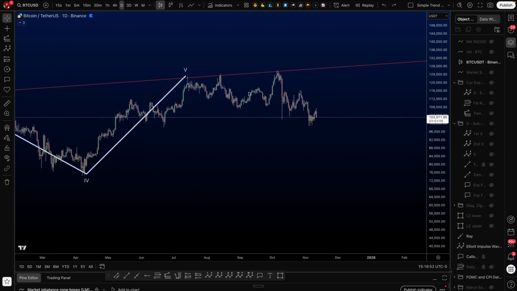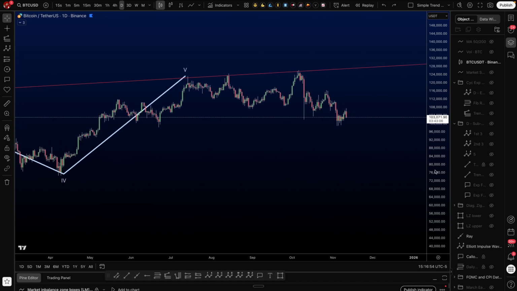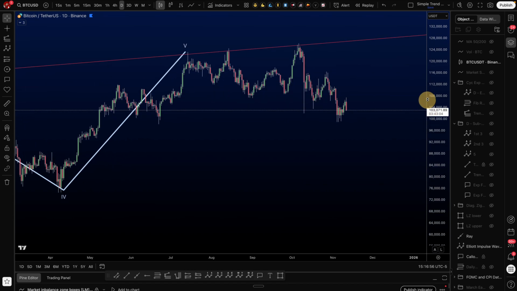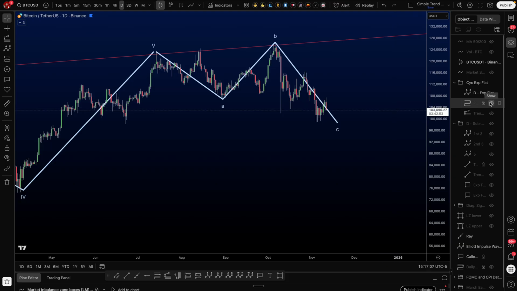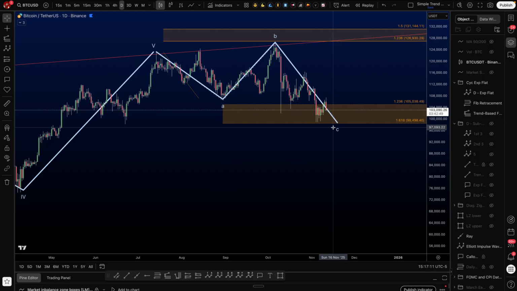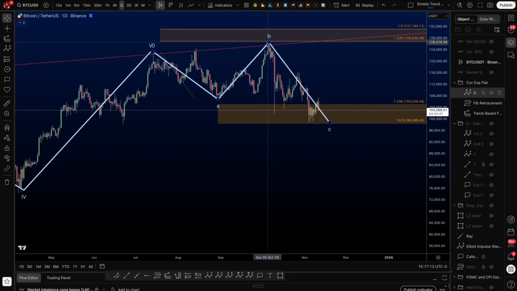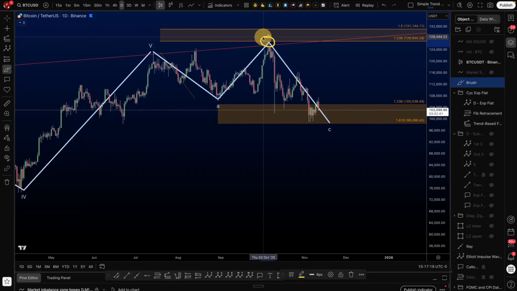So I spent some time in here in the daily and the 4-hour, and what I came up with as a possibility is an expanded flat. Expanded flat meets all the measurements for retracement and for the third wave extension. It misses the upper one by just a little bit, but these things are approximations anyway.